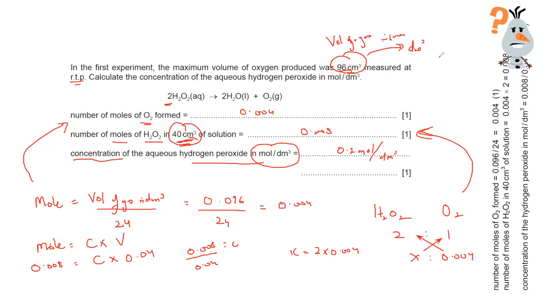So we'll get the final answer as 0.2 moles per dm³ as the concentration. Is it clear, this question? Anyone having a doubt?